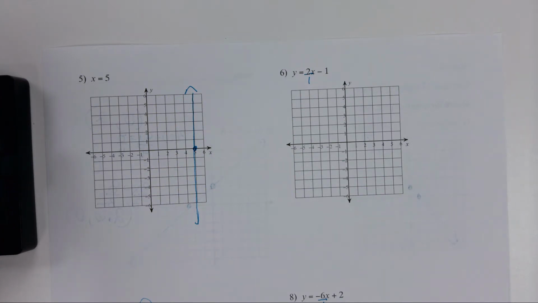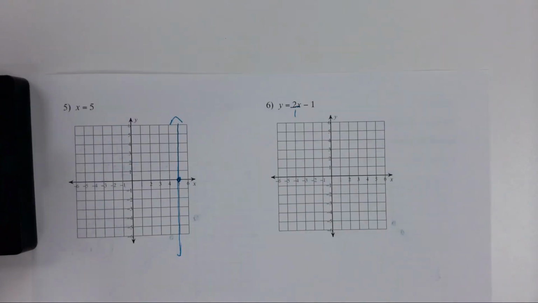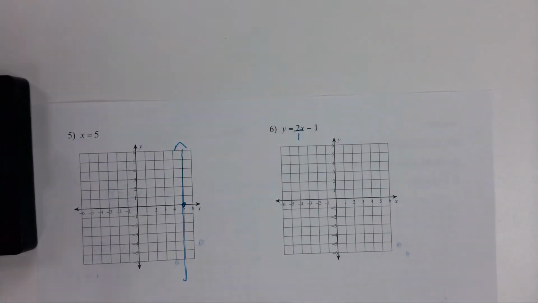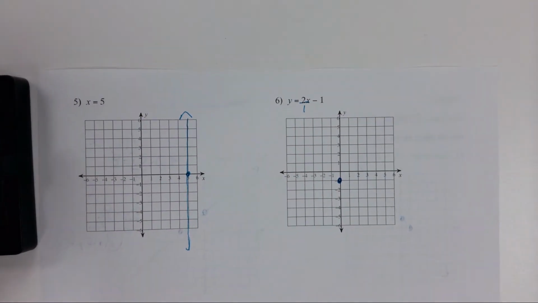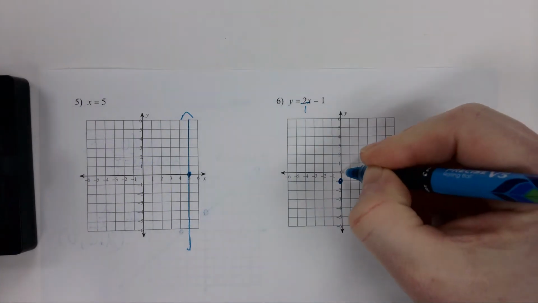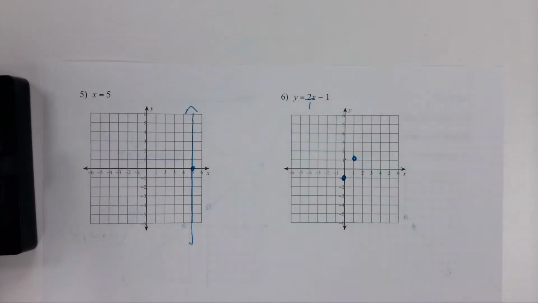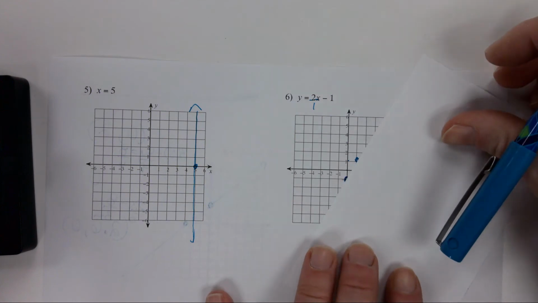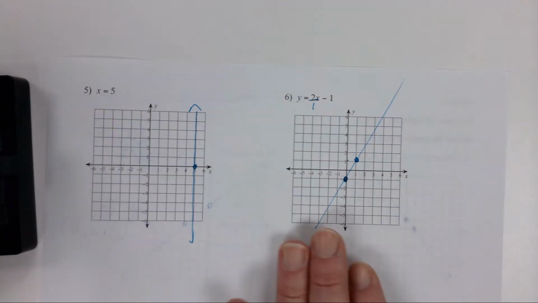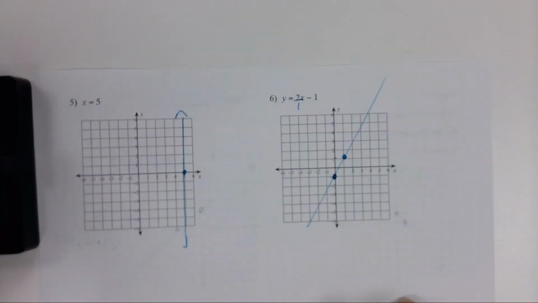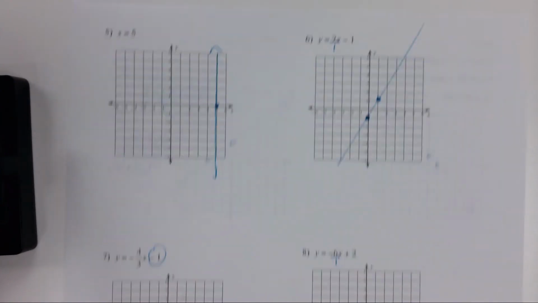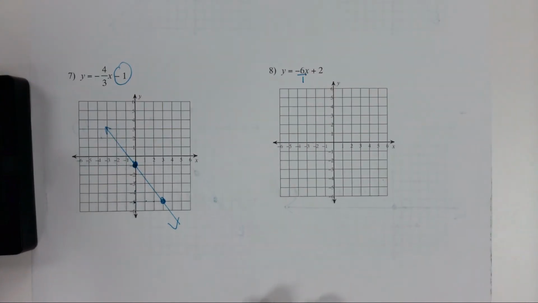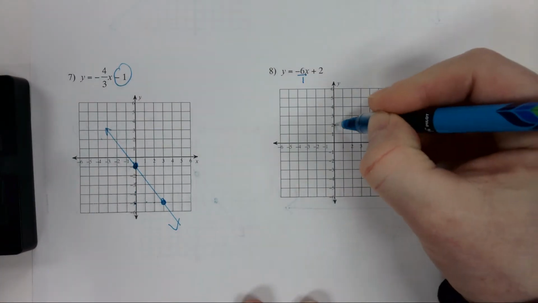All right. Start at -1, up 1, 2 over 1. Does your line look like this? For question 6, just do a check. This one you start at 2.